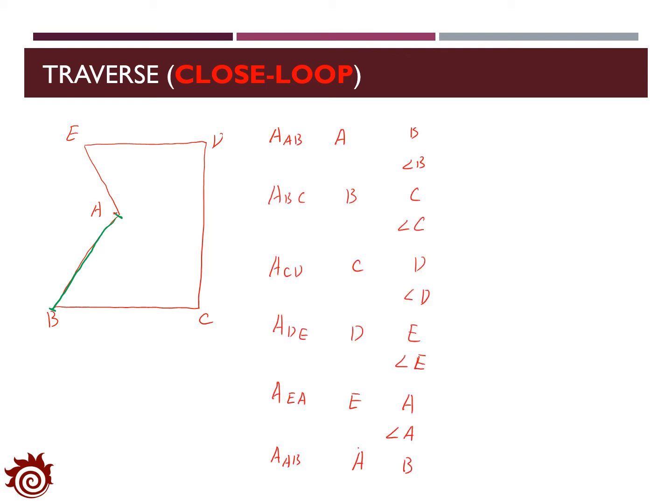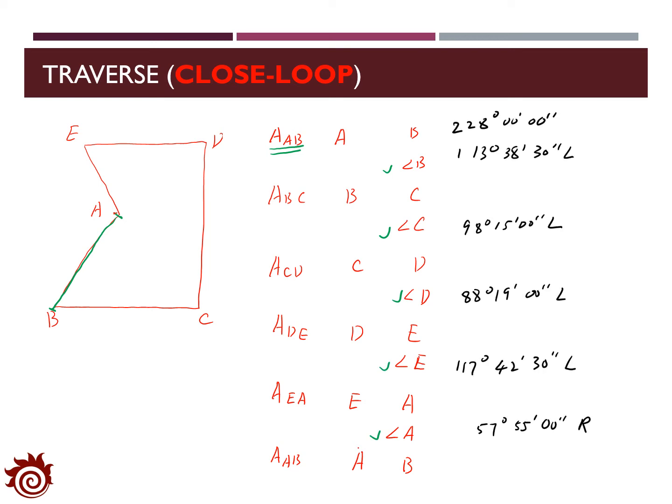With that, we can summarize all the information we will have. For the azimuth of line AB, the value is given, and also we can find out the deflection angle at all the turning points.